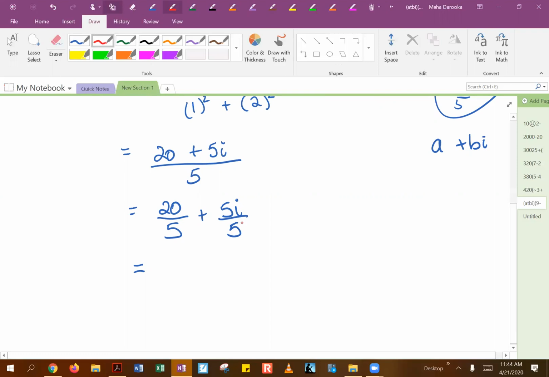Yeah, very good, because the 5 on the imaginary side will cancel out, and then 5 goes into 20 4 times, so you will write this as 4 plus i, and that will be your final answer. And even if these did not cancel out, you still want to separate your real part from the imaginary part, okay? Alrighty, very good, guys. Nicely done. Any questions on any of these? Nope. Okay. All right, let's look at.